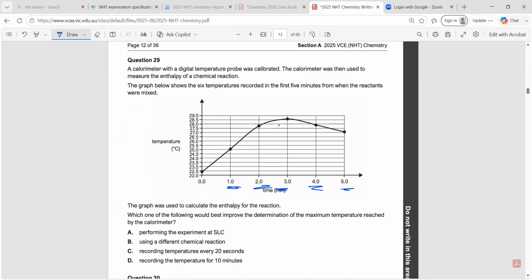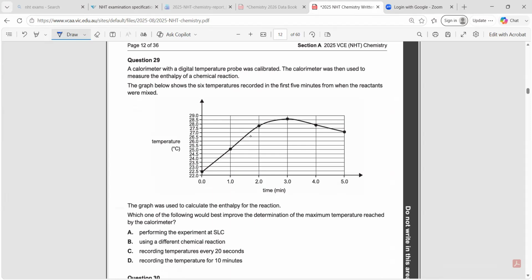So what I'm basically trying to say is, in order to determine what the maximum temperature was, what we could actually be seeing, for all we know, is something like this, right? But we don't actually have that information. Why? Because we only took the temperatures at 1 minute intervals, right? So I'll just quickly repeat that. In order to best determine the maximum temperature, we would have liked to take it every 5 seconds or 10 seconds or 2 seconds, right?